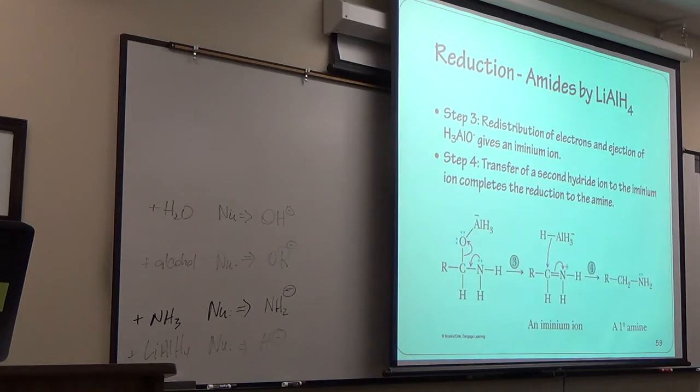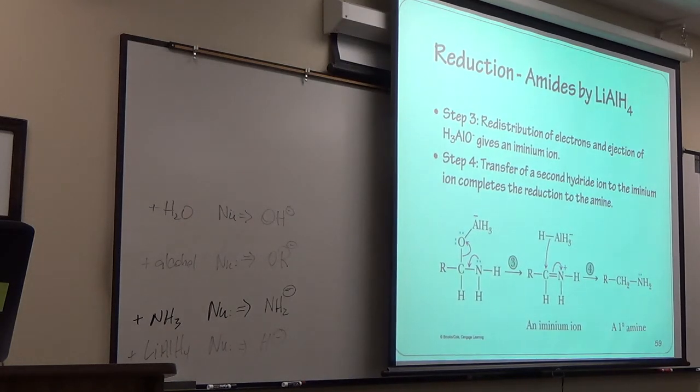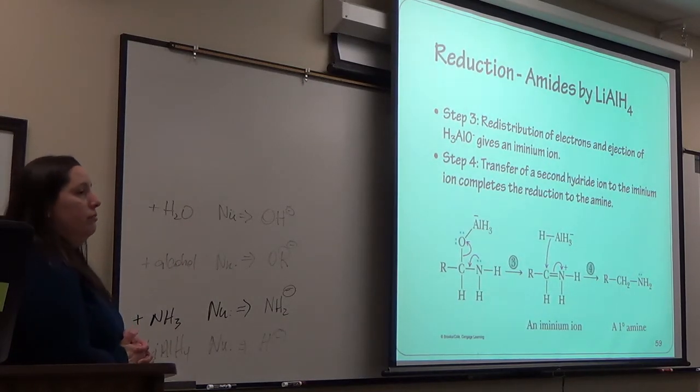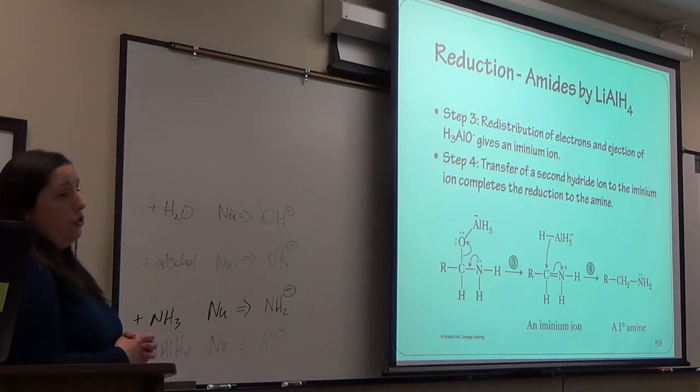So why doesn't this happen with an ester? Because the nitrogen is what helps stabilize that. Well, oxygen also has a lone pair that could do the same. Why doesn't it? Because it's more electronegative, so it'd rather keep the electron pairs to itself.